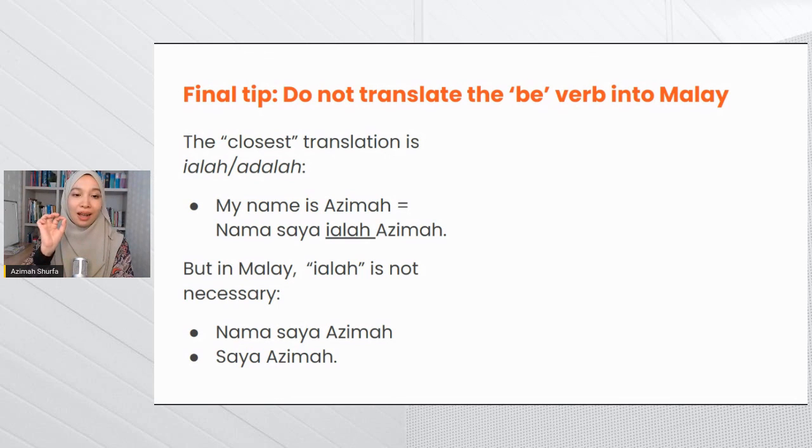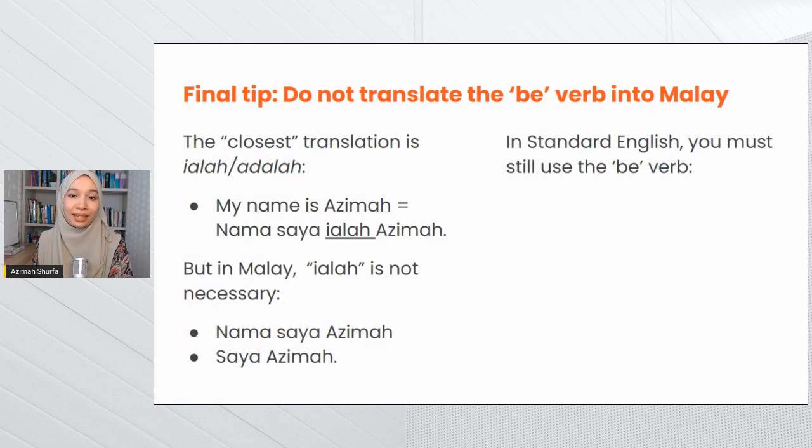So you might think the closest translation is ialah or adalah, but that's not true, because in standard English, you must still use the be verb when you introduce yourself. For example, I'm Azimah. I am Azimah. I'm Azimah. I still have to use the be verb.